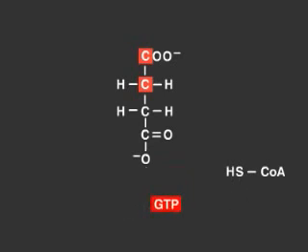The release of the coenzyme A group provides the energy to combine GDP and inorganic phosphate into GTP.